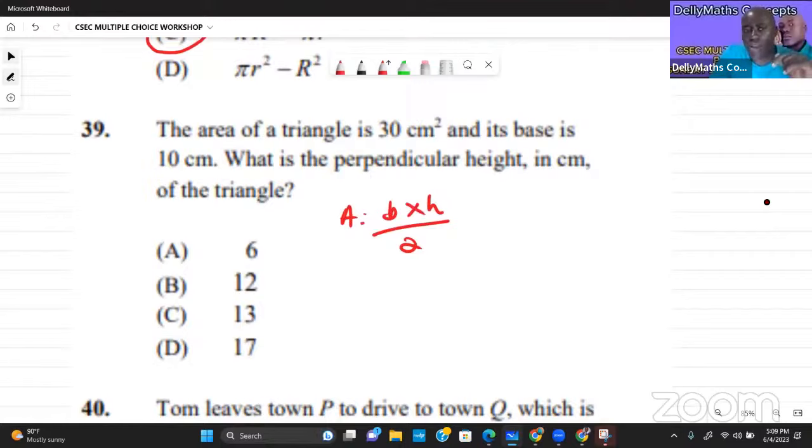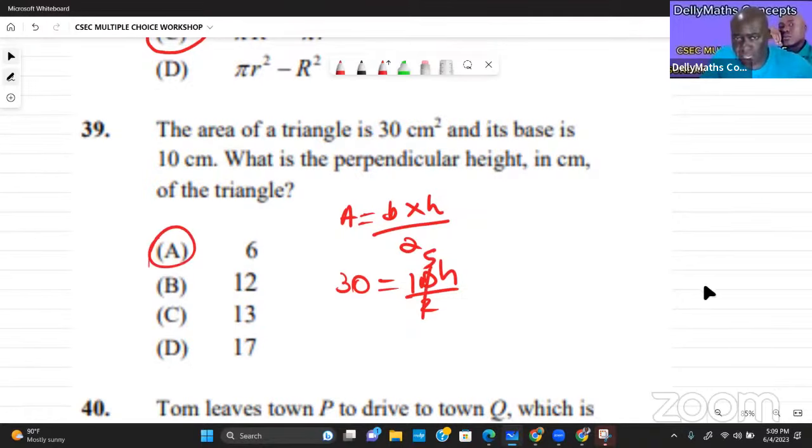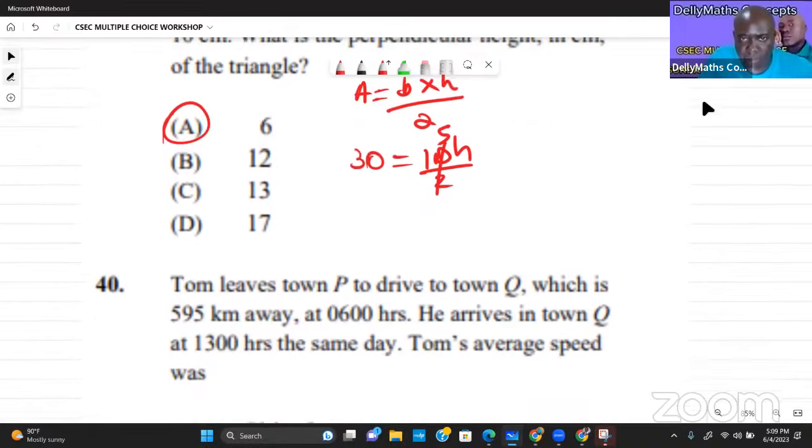They gave us the area. They said the area is 30. So 30 is equal to base, which is 10, times h. We don't have h, so put h over 2. You divide 10 by 2, you get 5. So if you divide both sides by 5, or what times 5 gives you 30? 6. So the answer is 6 right there.